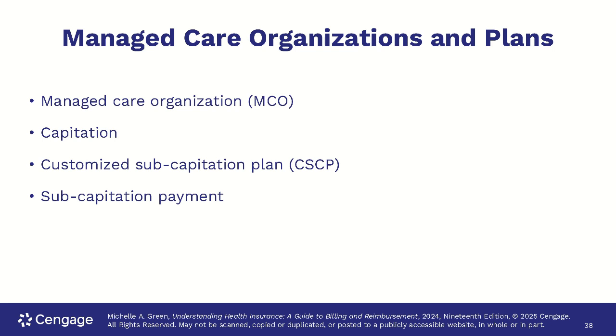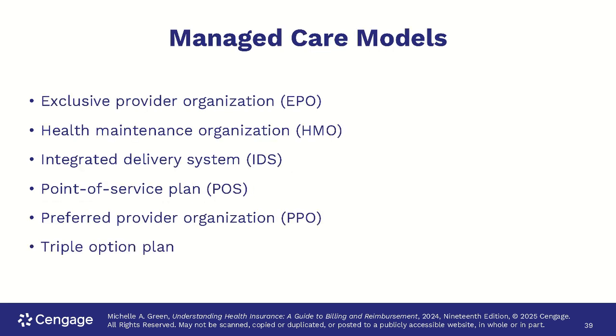Managed care organizations and plans. I talked about capitation. There are also some other variations of the capitation program, which honestly I'm not well versed in because I don't work for the insurance company. And I, as a consultant, don't necessarily get involved with insurances because that's not the focus of my day to day work.